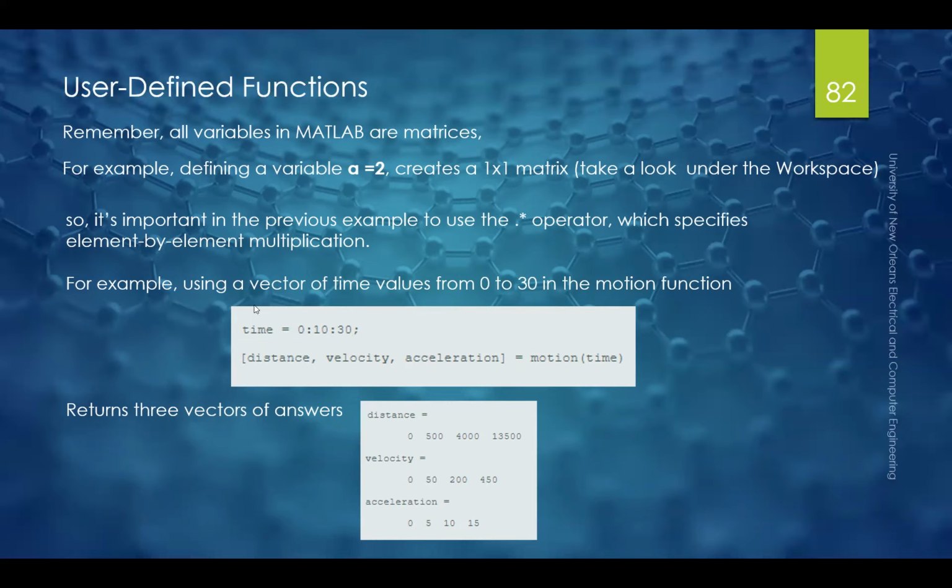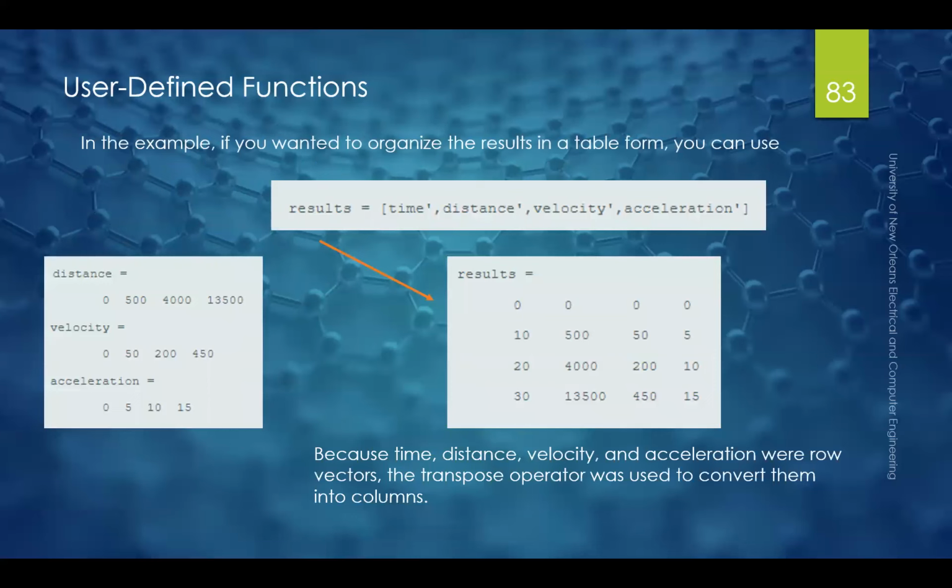In this case, we define the time from 0 to 30 in steps of 10, and we pass that vector to the function. The function will again compute the distance, the velocity, and the acceleration for each of those times. And this is not part of the function, but just to show you, if you wanted to organize the results in table format, you can use this statement here.